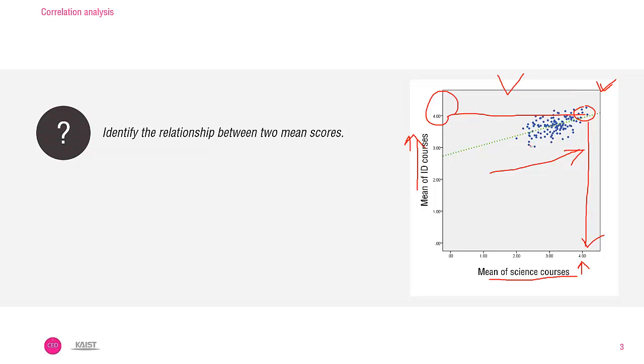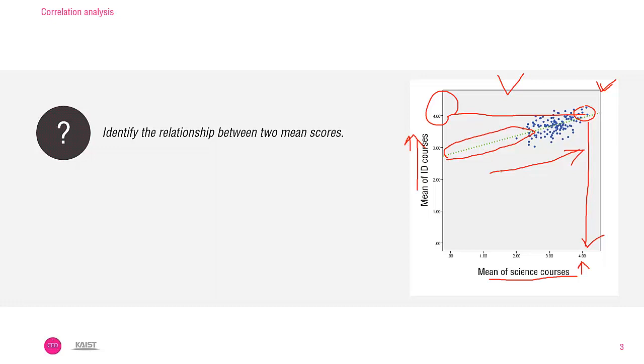In addition, the dotted line that runs through the data is called a trend line, or more statistically speaking, regression line. And this line helps you to better visualize the relationship between the two variables.